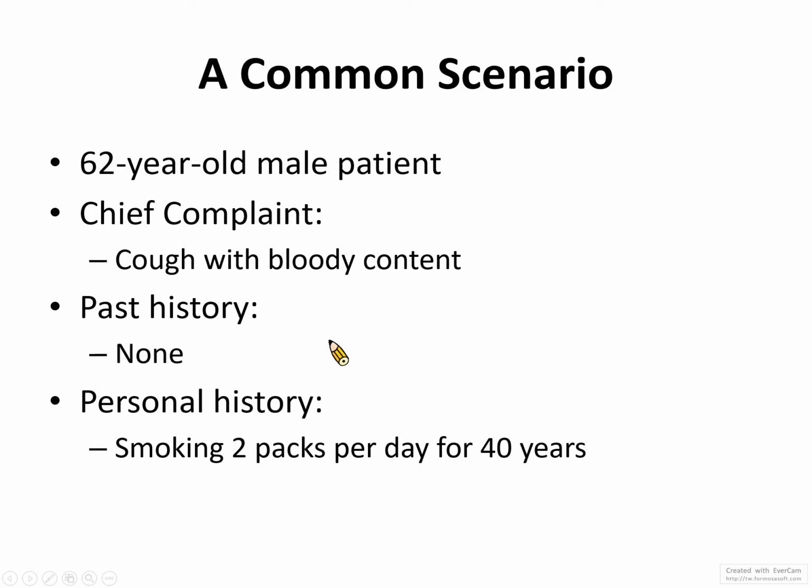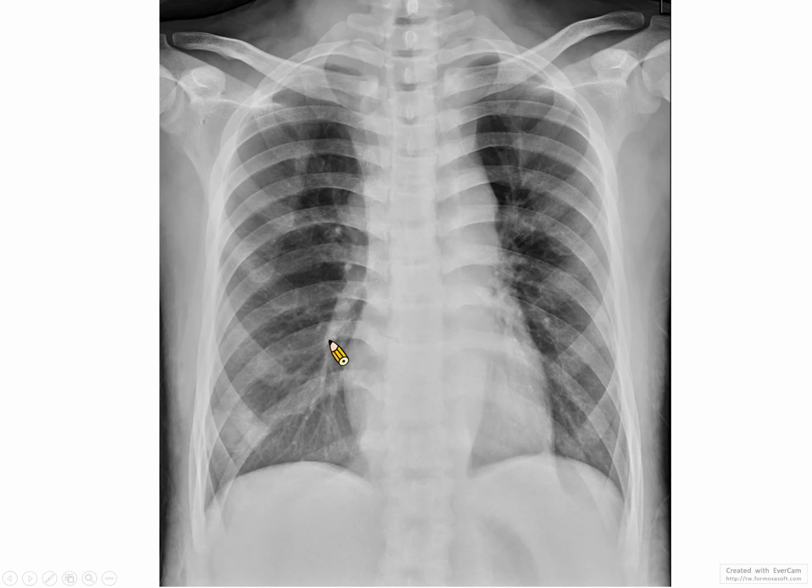If you are going to do an imaging study, maybe the first choice is the chest X-ray. Okay, that is the result of the chest X-ray. In the chest X-ray, we usually try to evaluate several things.